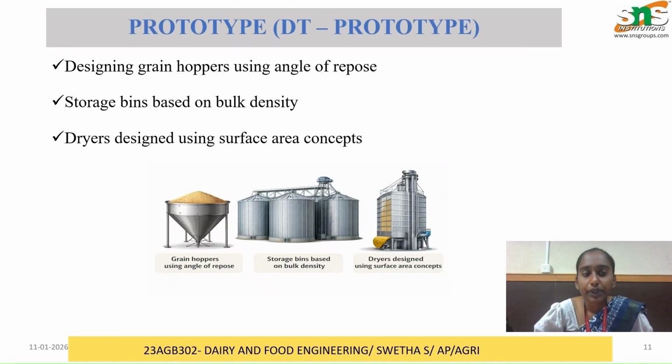And prototype: how are we going to rectify this problem by introducing new prototypes? We can design grain hoppers using the angle of repose formula, which increases the flowability, and storage bins based on the bulk density of grains, and different types of dryers using surface area concepts and theory.